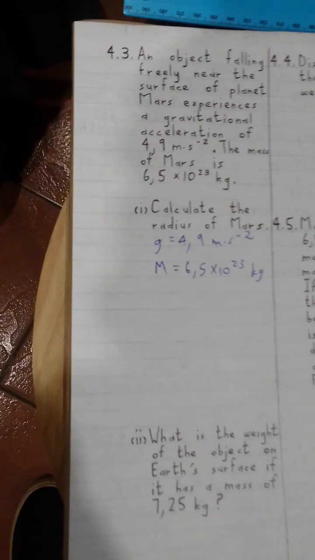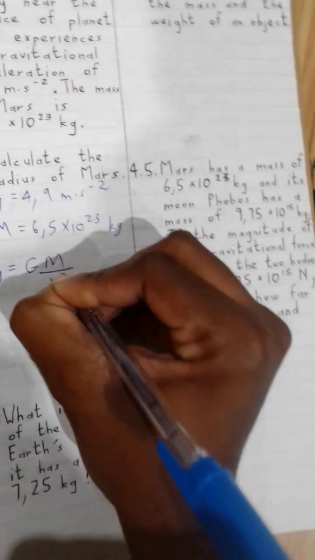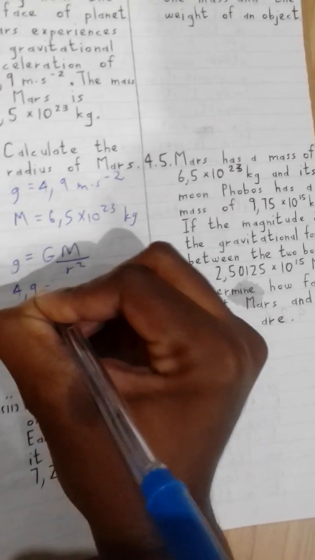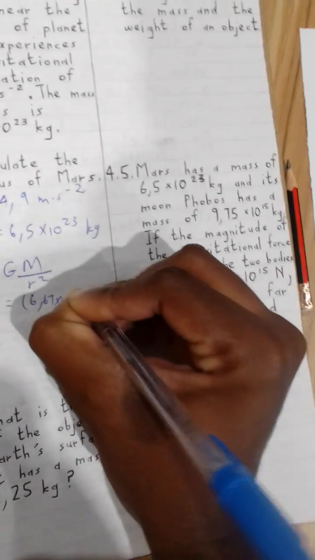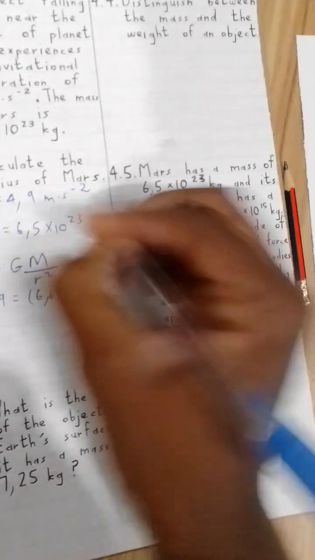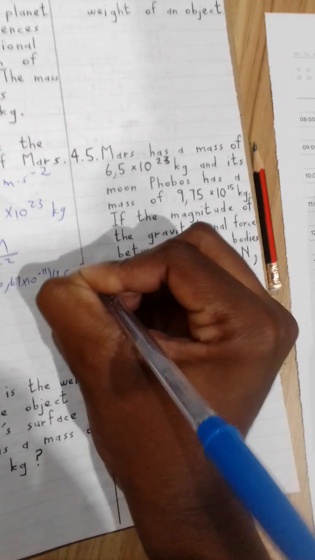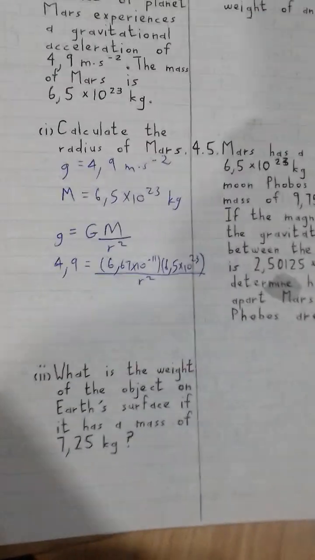So we go to the information sheet. Which formula are we going to use? Gm over r squared. What is G? 4,9, 6,67 times 10 to the negative 11. M is 6,5 times 10 to the 23. I always apologize for my lack of space. R squared. This goes here, this goes here.